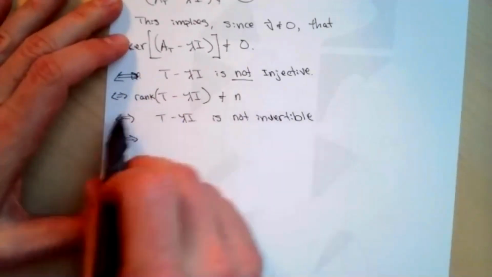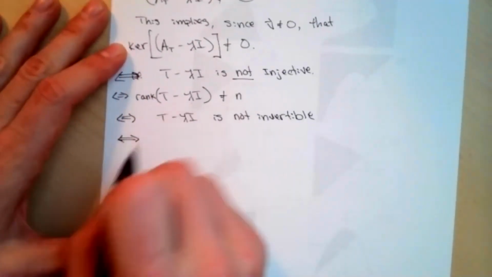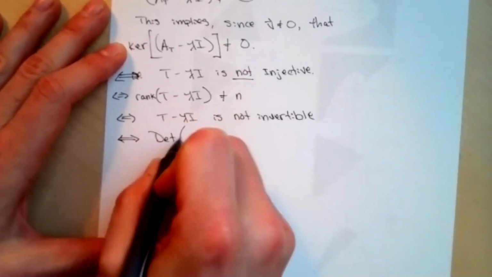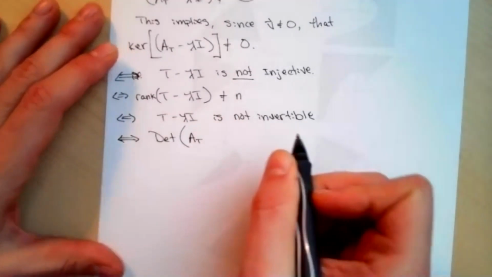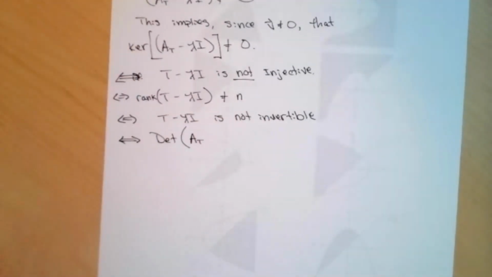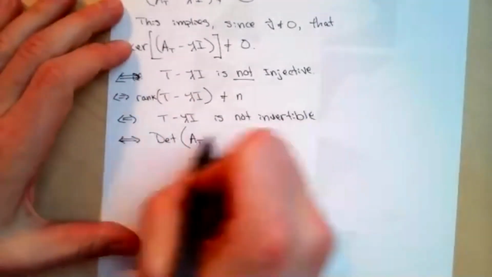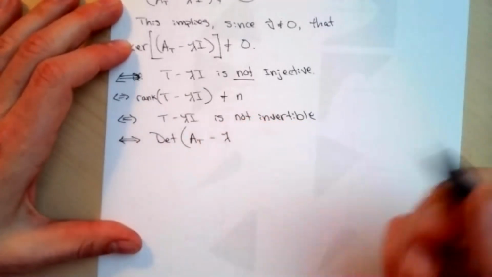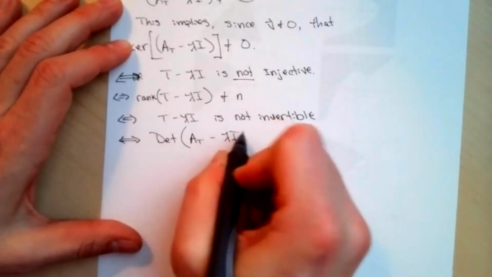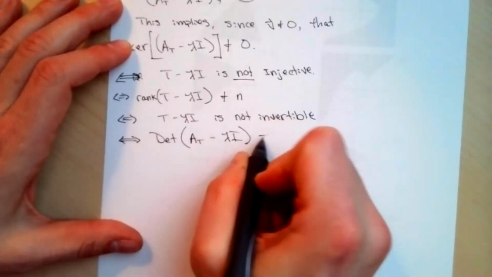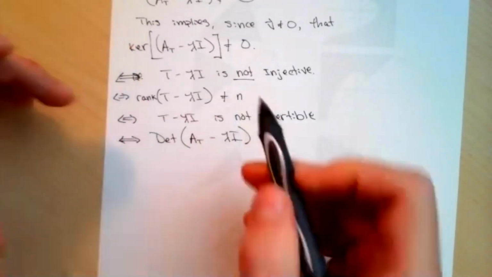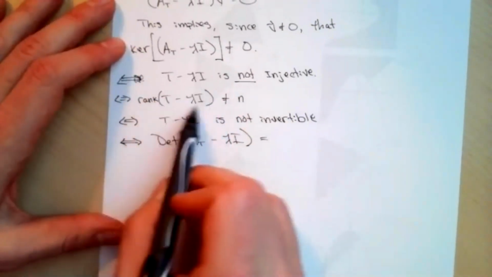And what was our tool instead that we used with variables in the matrix? Our determinant. So I'll go back to our matrix notation, since by determinant we usually mean the determinant of a matrix. Of course, if it's written the determinant of a transformation, we mean the determinant of the matrix associated with the transformation. And since the rank is not n, if we were capable of row reducing this, we should get a 0 row.